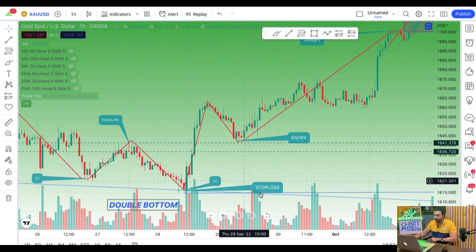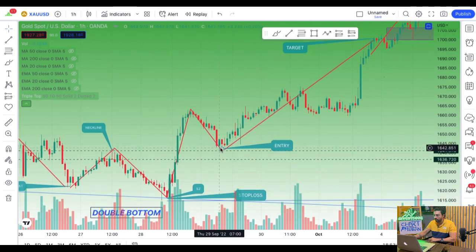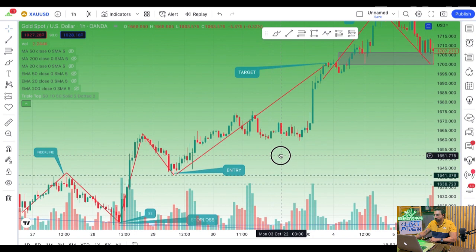Your ideal stop loss will be a few pips below support 2, where the market got the push up. Your entry is while the market retests this neckline, and from there you can take a risk reward ratio of 1 by 2. It will be a more favorable and realistic target. 1 by 1 will be less, but 1 by 2, 1 by 2.5, will be a more realistic target.